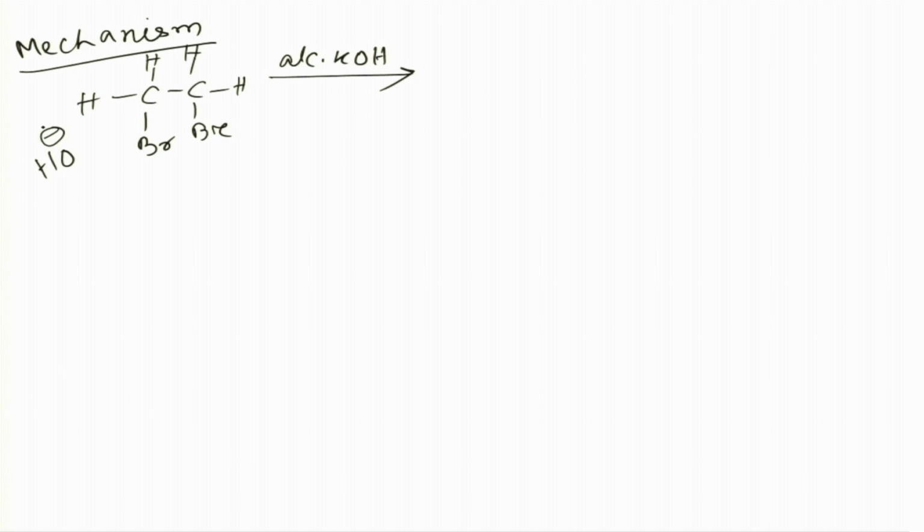OH minus is basic, it will take one hydrogen, and it will eliminate one bromine. So, H2O is eliminated, and when Br minus goes out, we have K plus in the system, so KBr, potassium bromide, is also eliminated. As a result, we get this product.